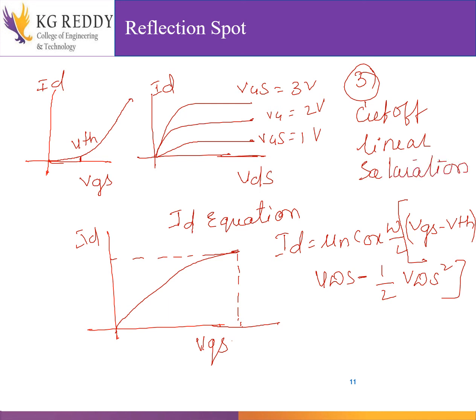The condition for cutoff is when VGS is less than VTH. For linear and saturation, VGS is greater than VTH, and for saturation VGS is much greater than VTH, something like this we define.